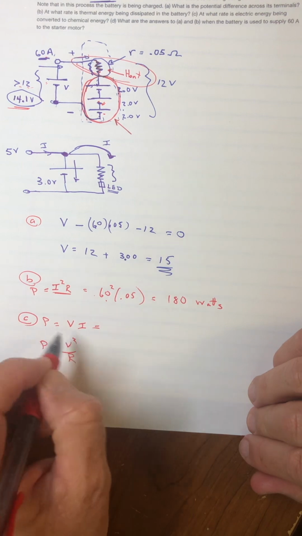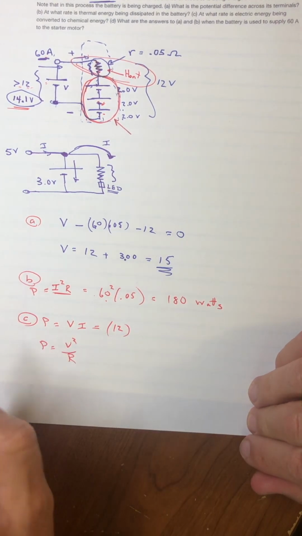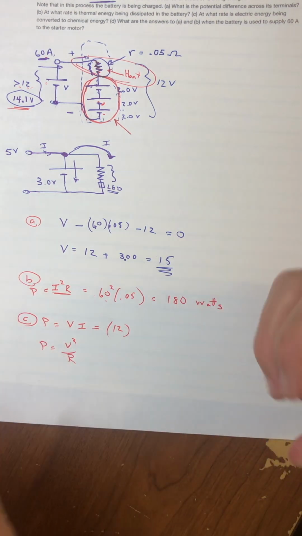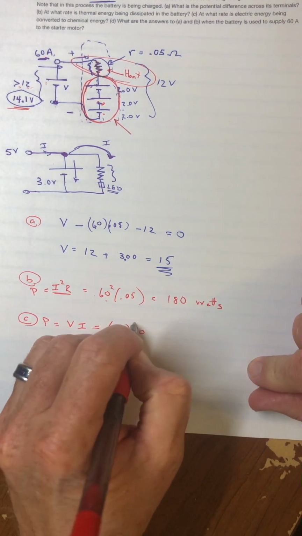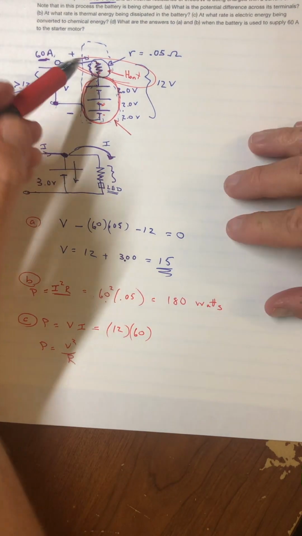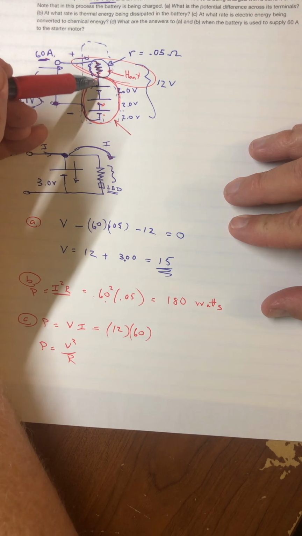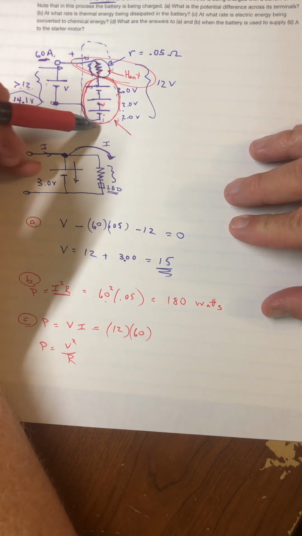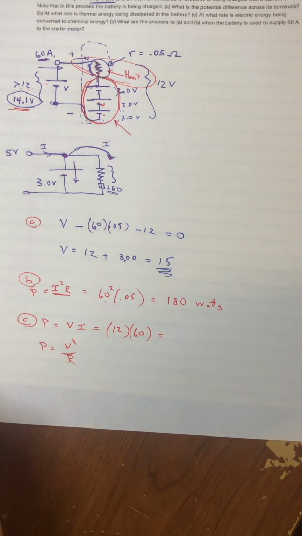But for C, it makes more sense to do this, because we know that the voltage that we are building up or creating, the EMF, is 12 volts, and we have conservation of charge. That is, the current that comes through here has to go 60 through the resistance, but also 60 through each of the 6 cells. So we know the current is 60.